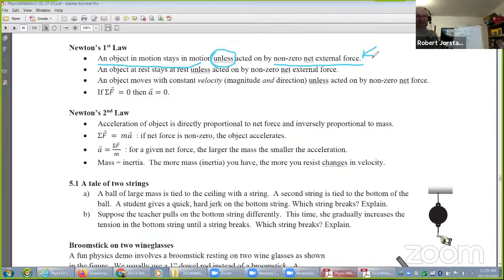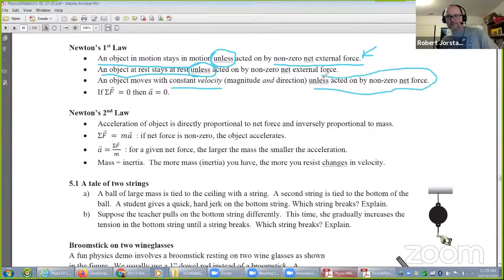An object in motion will stay in motion unless you act on it with some force. An object at rest will stay at rest unless you act on it with some force. The summation of those two lines is that objects have constant velocity unless they're acted on by a non-zero net force. So just be aware: an object in motion stays in motion requires that extra little bit of non-zero net external force.